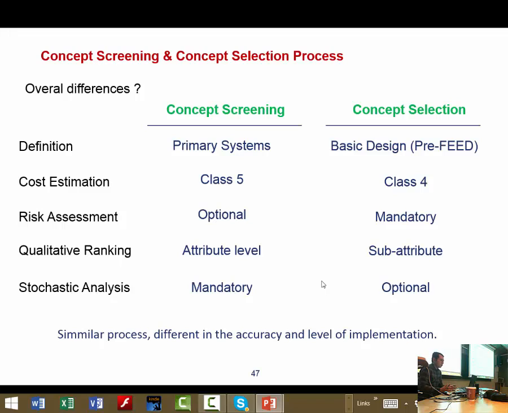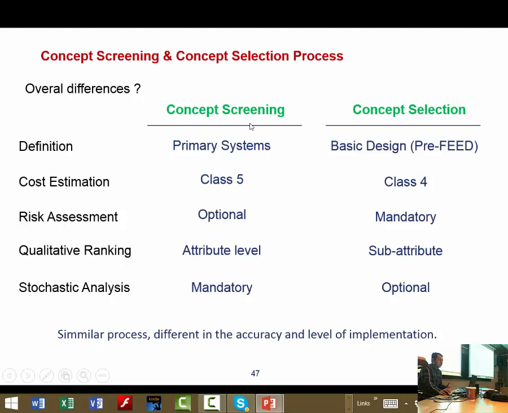The concept selection process can be divided into two phases: concept screening and concept selection. They are quite similar to each other, but the main difference is in the accuracy of the data. In the first step, you have to define your concept or selected concept.